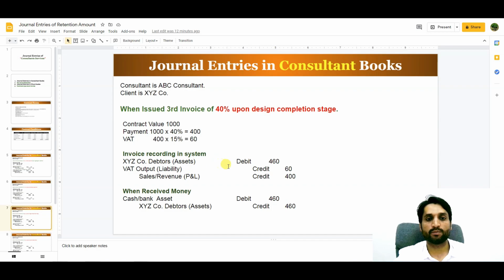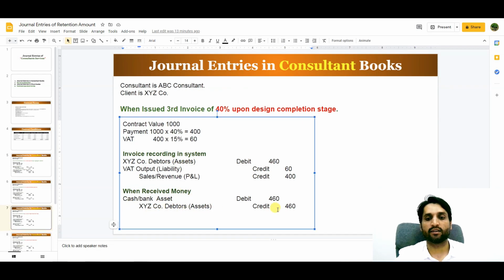The next step, the third invoice, which is 40% upon design completion stage. The entries will be the same, only the amount will change: 40% payment, 400, and 15% VAT makes 460. XYZ company debit, VAT credit, sales credit. When money is received against this invoice, cash and bank debit, XYZ company as a debtor credit 460.